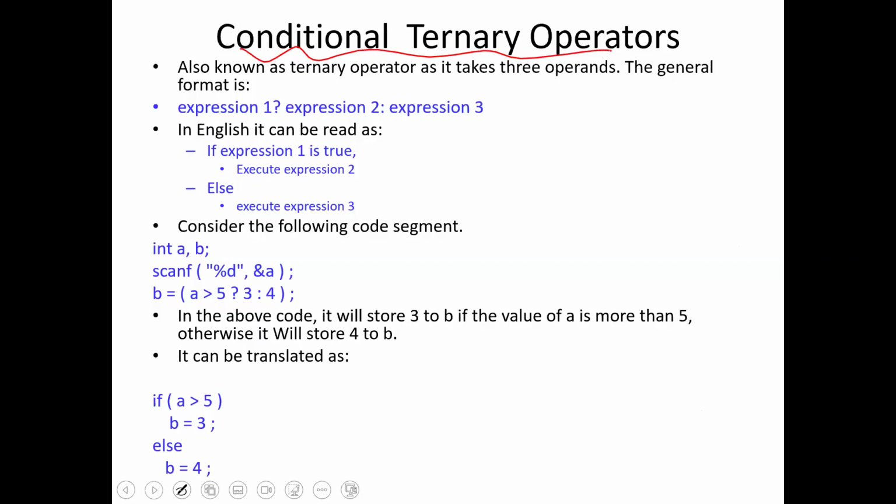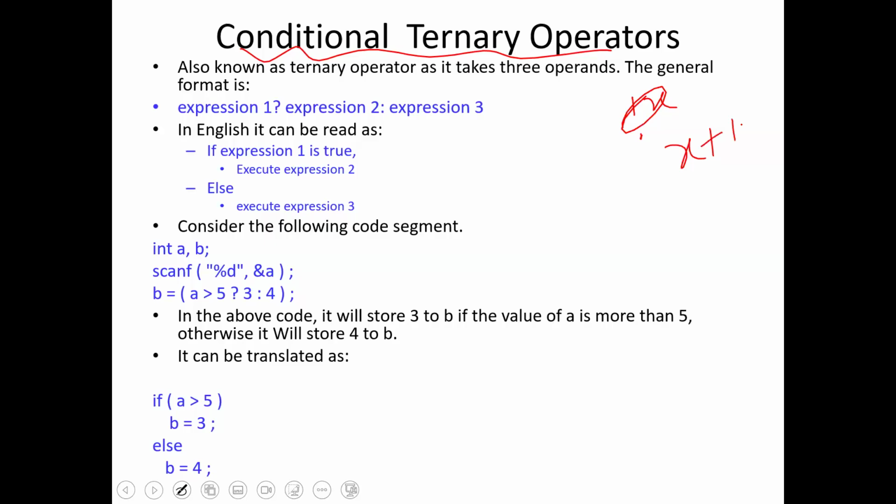Conditional ternary operator. What is that? A unary operator works with only one operand. Can you give an example of a unary operator? Not, right? We just saw that. Not X, not true or false. Is there any other unary operator you know?